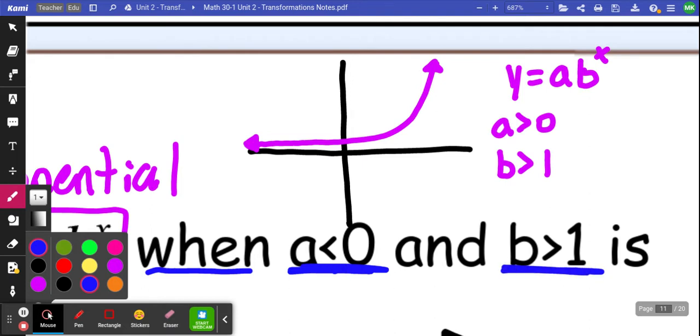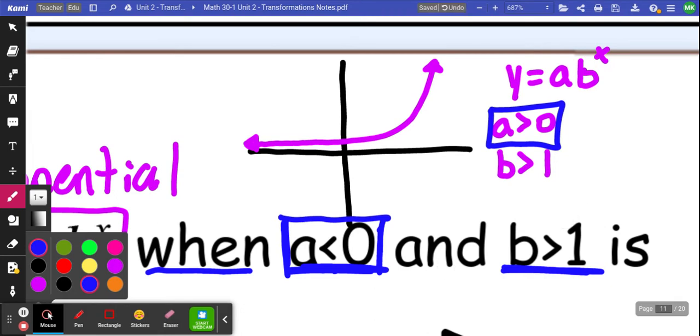So the difference between what we're used to seeing for an exponential and what they want to see is they are changing a. A is going from positive to negative.